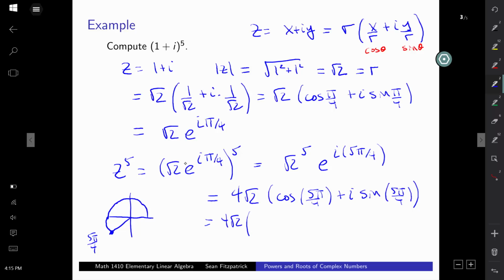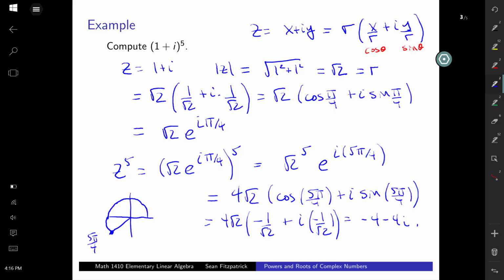So this is going to be minus 1 over root 2, and then I times minus 1 over root 2. And if you push that 4 root 2 in, you're going to get minus 4 minus 4i, right? Nice and simple.